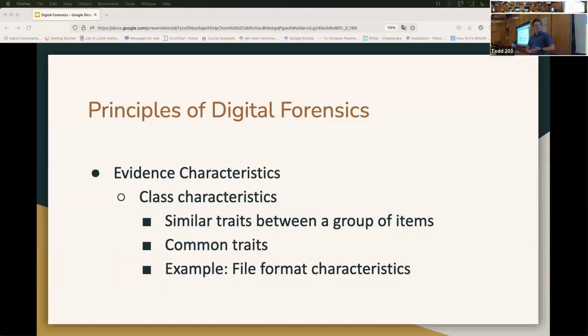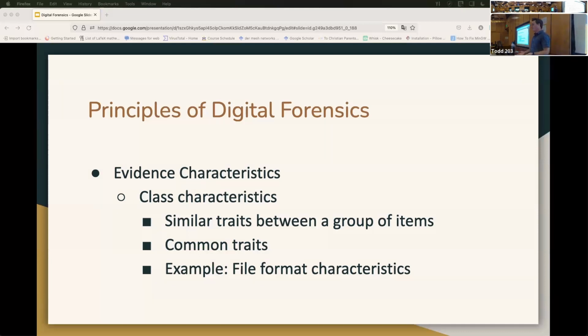Our next principle is evidence characteristics. This is less about a high level view, but more about guiding our investigation, right? So what are some similar traits between groups of items is our class characteristics, right?